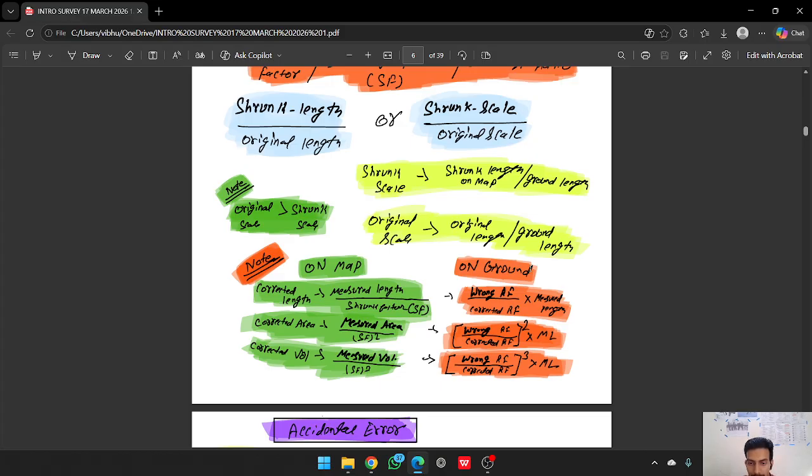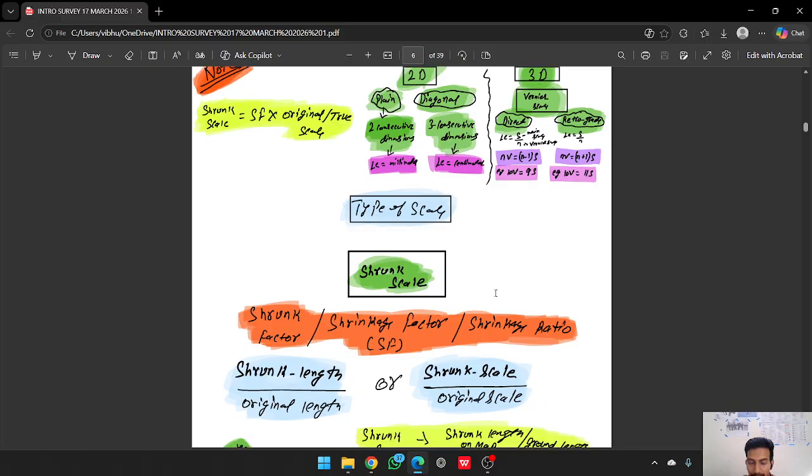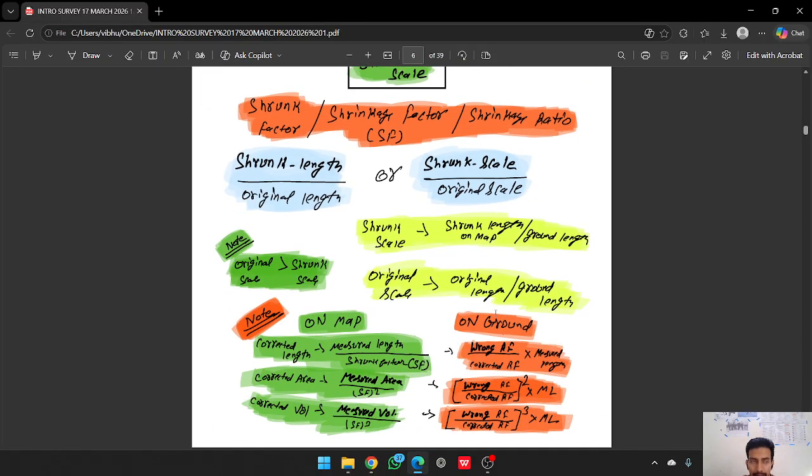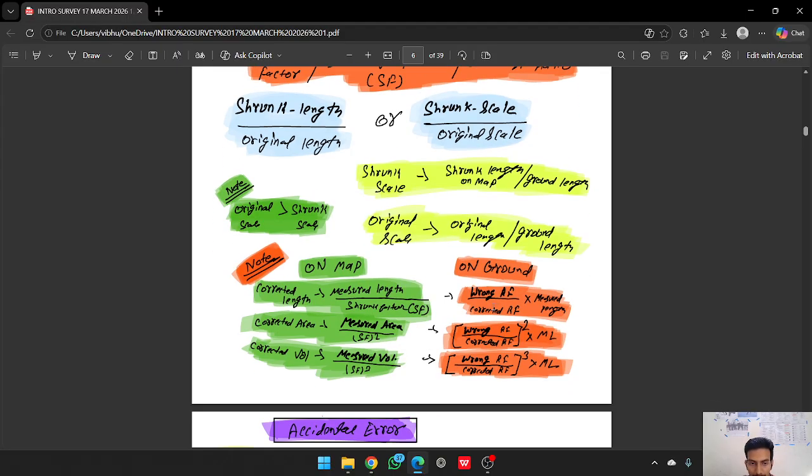The same on the ground, there is a formula and equation like correct into correct is equal to wrong into wrong. This formula is equated like corrected length is equal to corrected dimension multiplied by wrong over wrong, into measured length. Like, I have to find the corrected length on the ground: wrong RF by corrected RF into measured length.